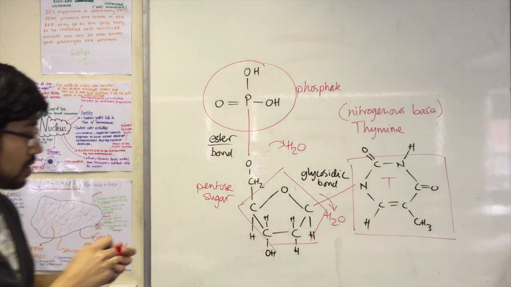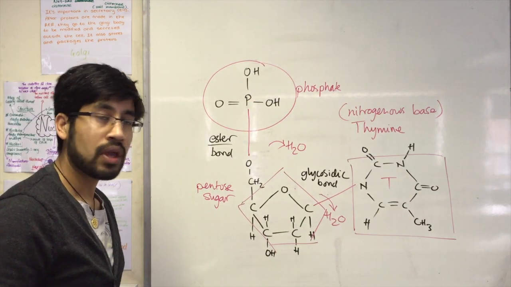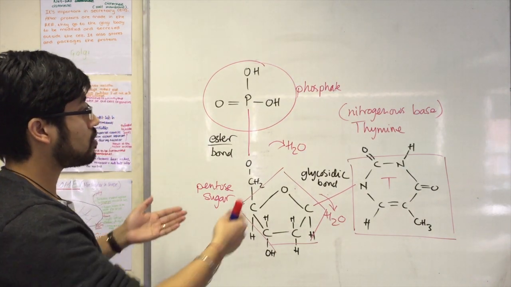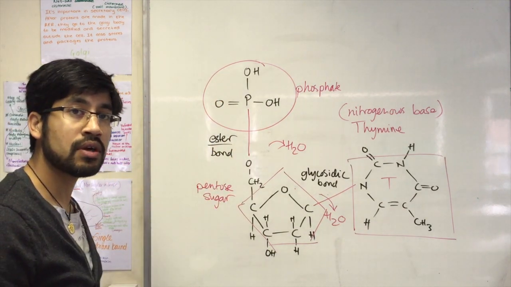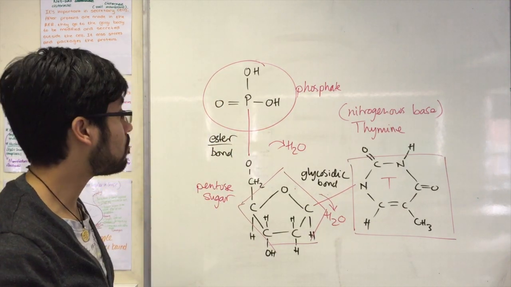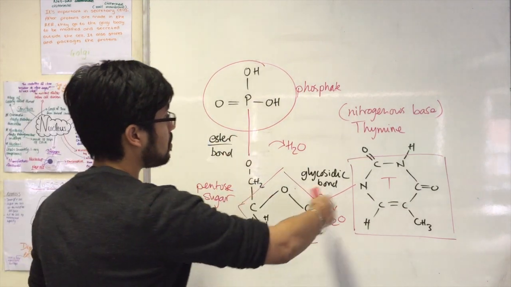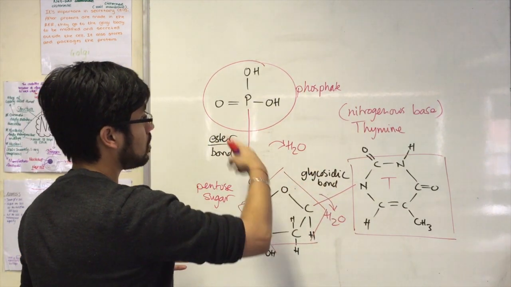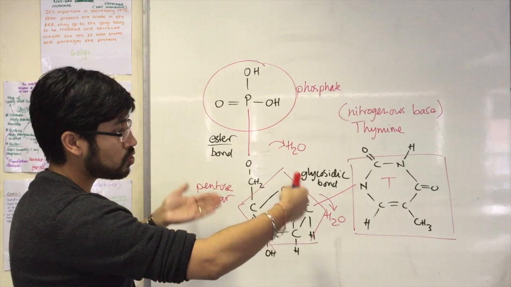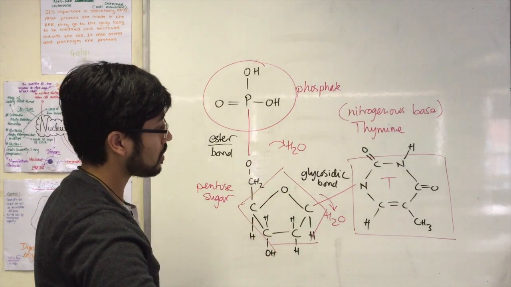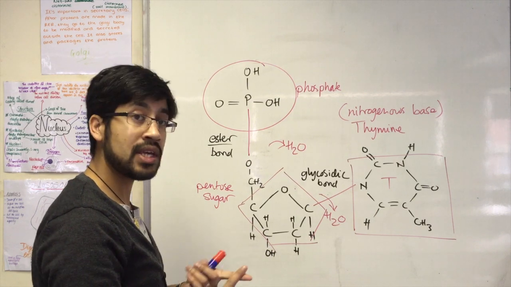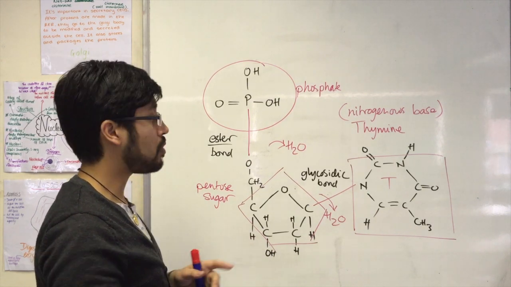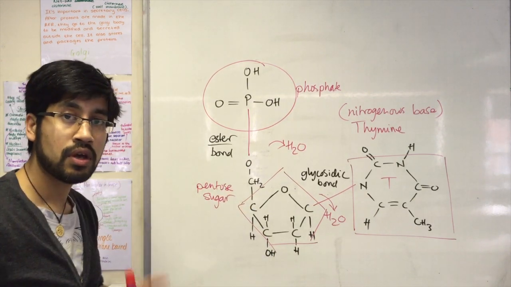I'll rejoin you now when we discuss how these nucleotides can be joined together to form the polymer. Remember, this is our repeating unit, the nucleotide, and it is going to be joined again and again to form the polymer. The polymer can be either DNA or RNA, but they're both made of nucleotides. See you in a bit.